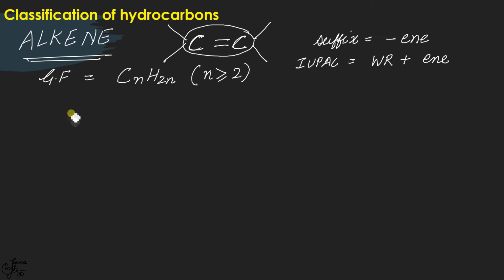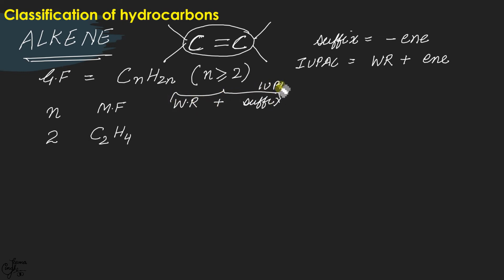So let's write down the form of a table. If n is equal to 2, what is the molecular formula of the corresponding alkene? C2, substitute, H4. What is the word root? So word root plus suffix is going to be your IUPAC name. So how do I write it?